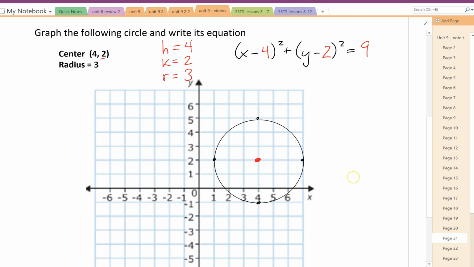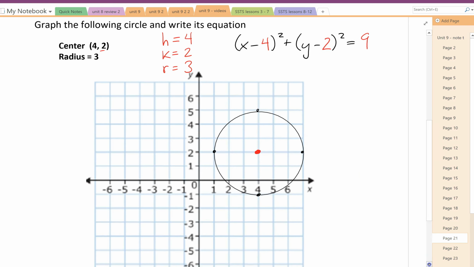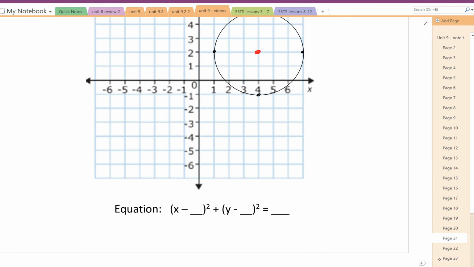So it looks something like that. Once again, the equation of this circle would be (x minus 4) squared plus (y minus 2) squared equals 9.